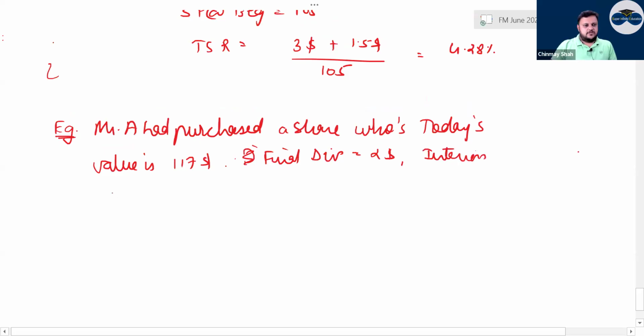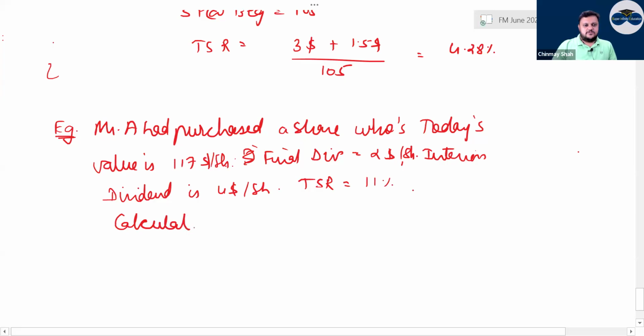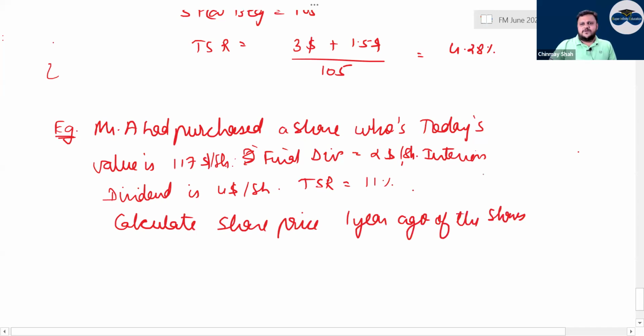Interim dividend is $4. This is per share, per share, per share. Correct. TSR is equal to 11%. Calculate share price 1 year ago of the shares. Will you be able to do this?